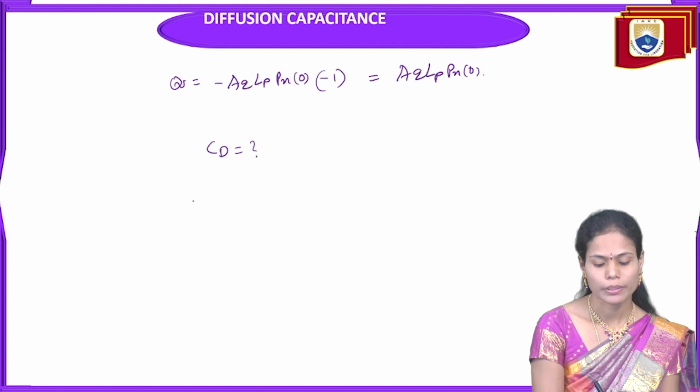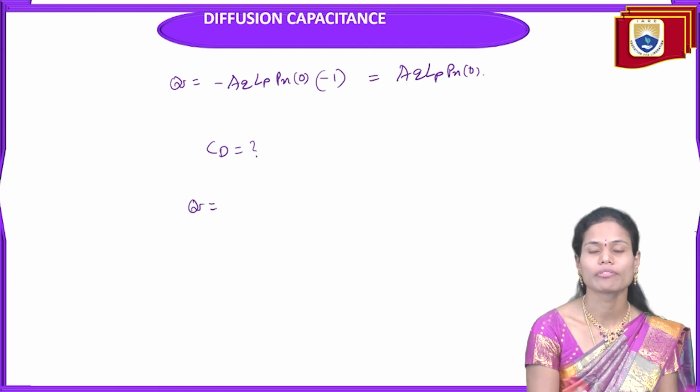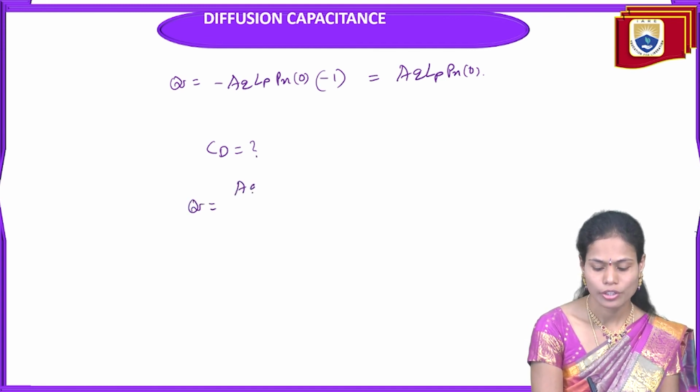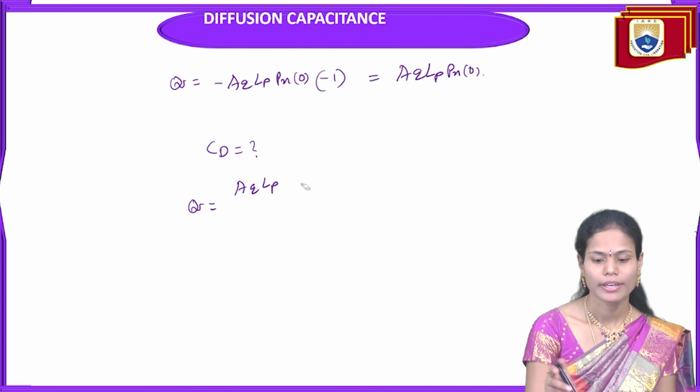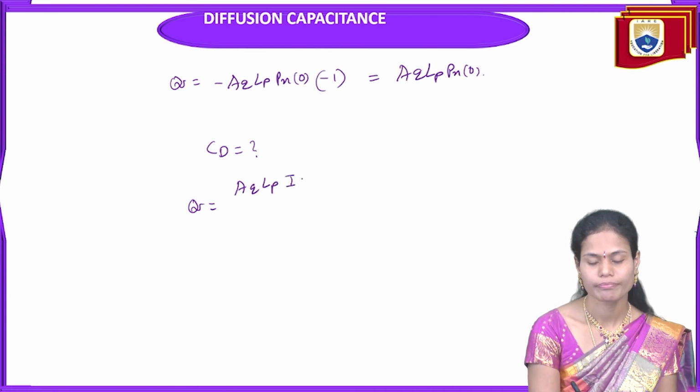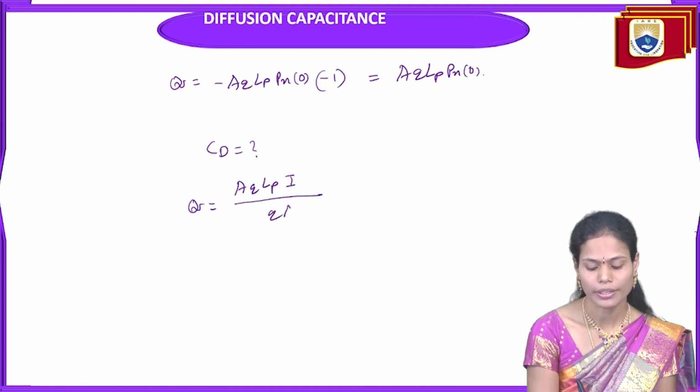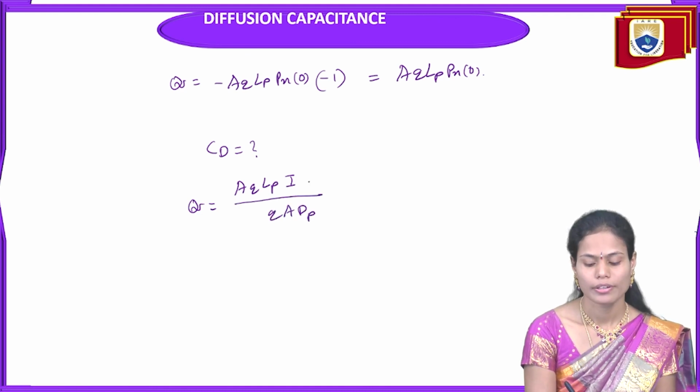Okay, so from this, to derive the diffusion capacitance, I am taking the Q equation again, that is AQ Lp Pn of 0, which is AQ Lp I divided by QA Dp into Lp.